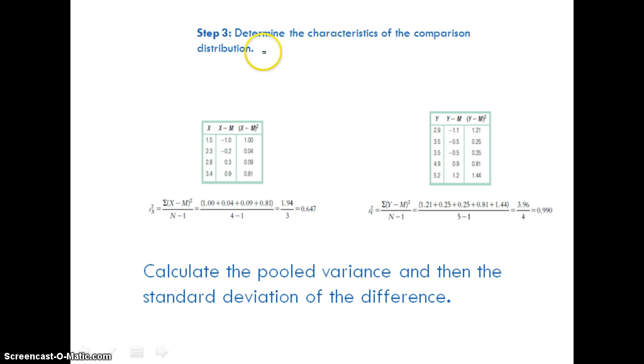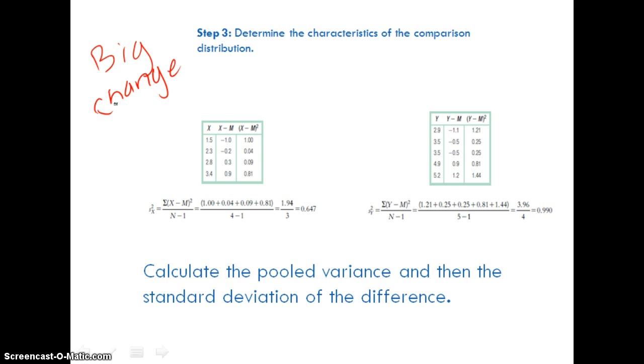All right, in order to determine the characteristics of the comparison distribution, this is one of the big changes. Before, we just had to estimate the standard error, based on an estimation from a single set of scores. But now we have to figure out what the variability is for one sample and what it is for the other sample and combine them in some way.